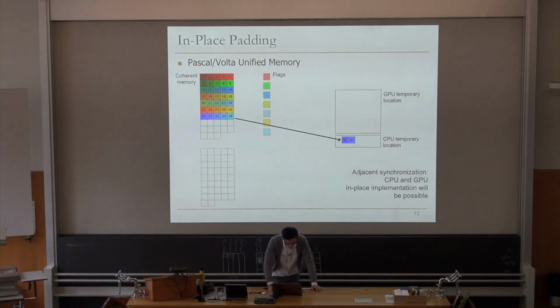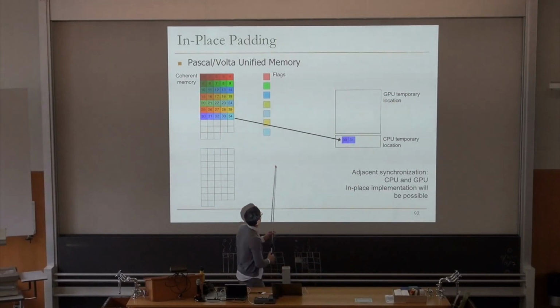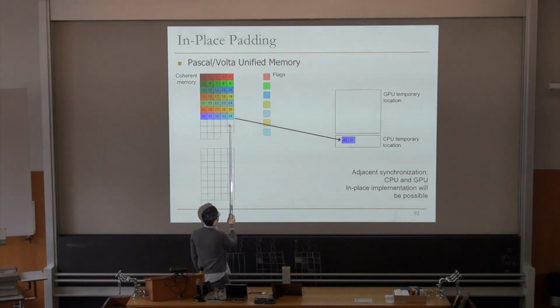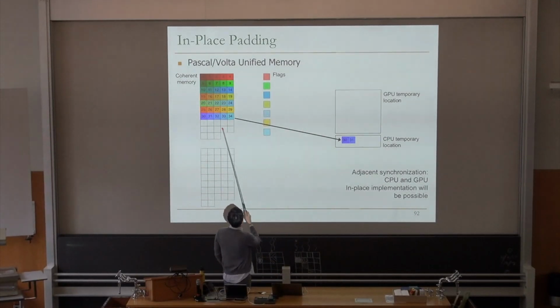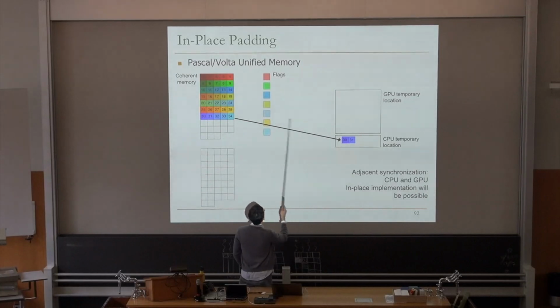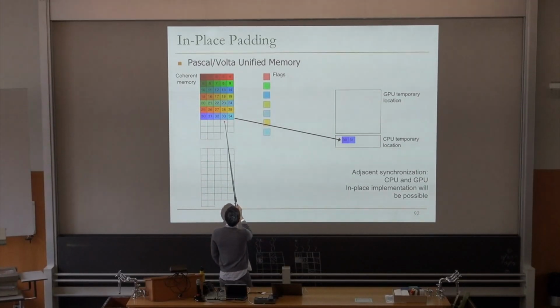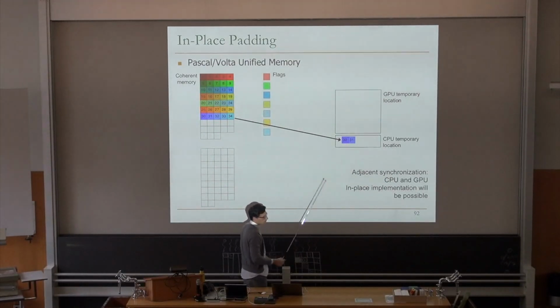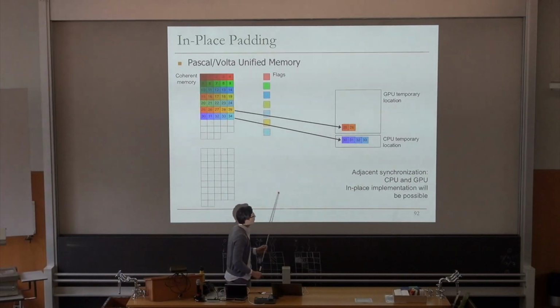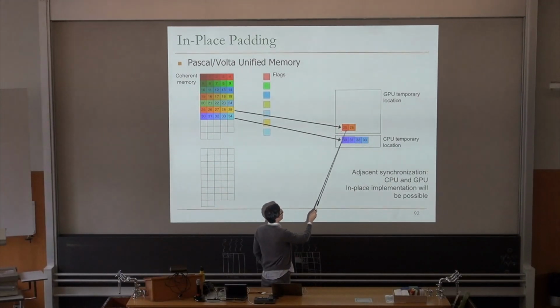What would we do? We will start reading one row. In this case, we assume that we are assigning this row to the CPU and the rest of the rows to the GPU. So we start reading one row because we need to save it in some temporary location. And we can have CPU and GPU working in parallel.